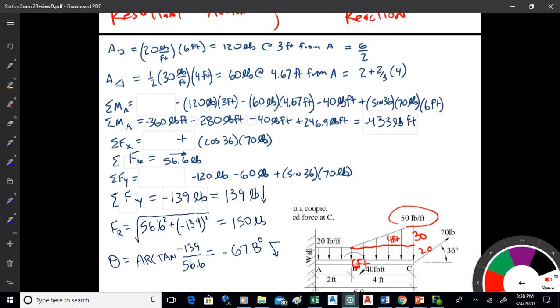And that is 2 feet to get to the vertex of the triangle. But then I've got to go 2/3 of 4, which is 2.67 feet more to get to the centroid of the triangle. So the total distance from A is 4.67, 2 plus 2/3 of 4.